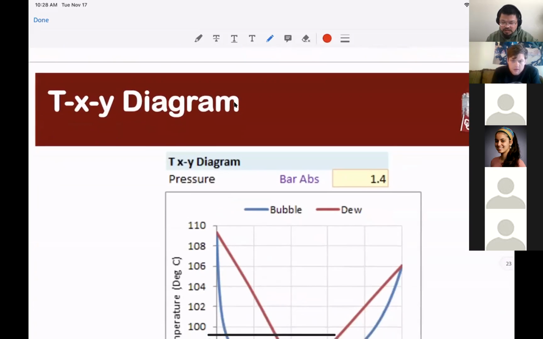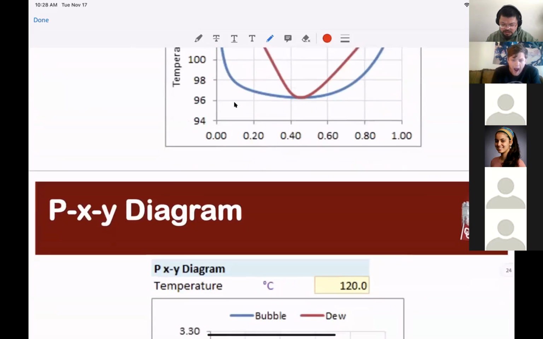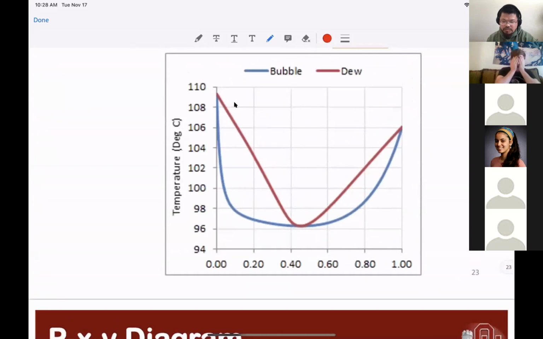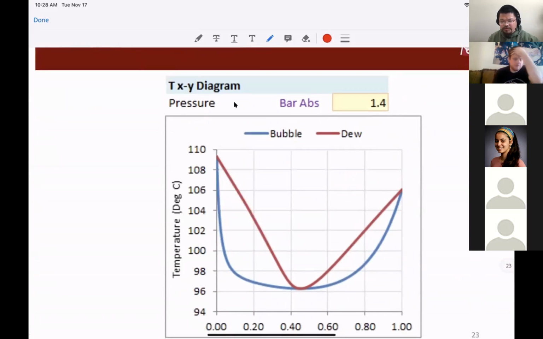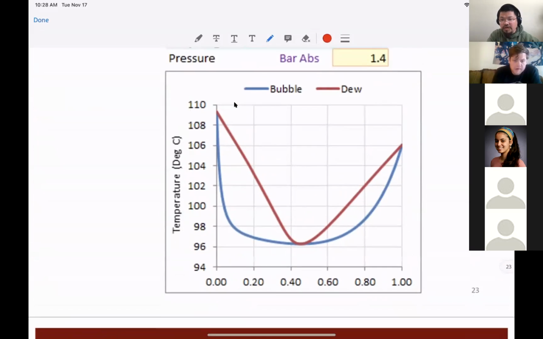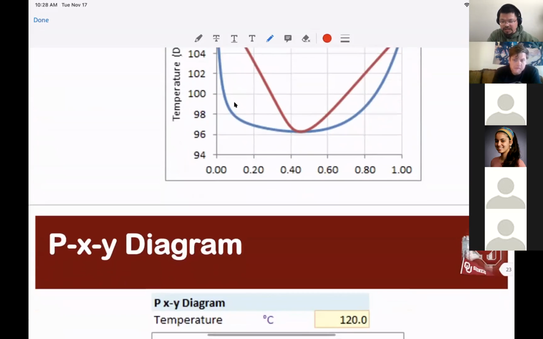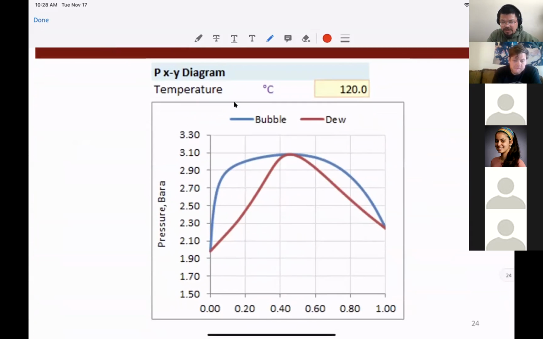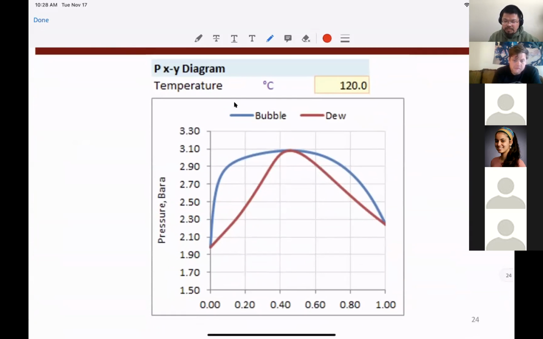Okay. So lastly, I think I'm missing one slide. The following diagrams I took from the Excel file I shared with the class. There you can see the so-called bubble line. This is the pressure, right?